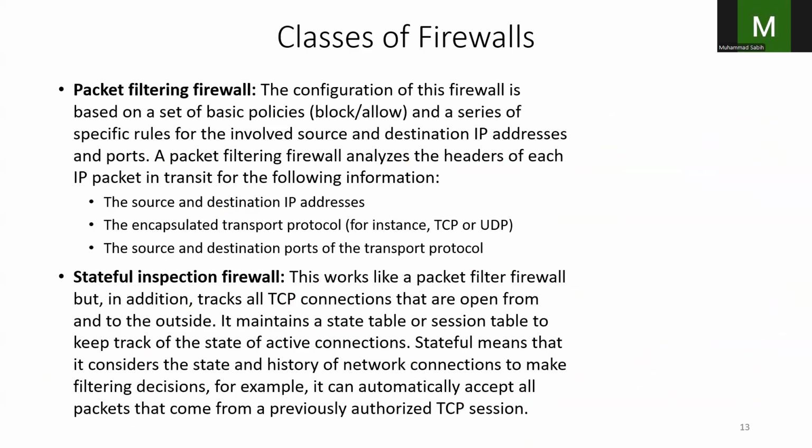In this slide, we will explore these two. The packet filtering firewall is the first one. It operates at the very basic layer, and we just discussed that it is basic. It takes care of the header info of each packet, including the source and destination IP addresses, transport protocols like TCP and UDP, and the port numbers. So based on it, it either blocks or allows the packet to go further.